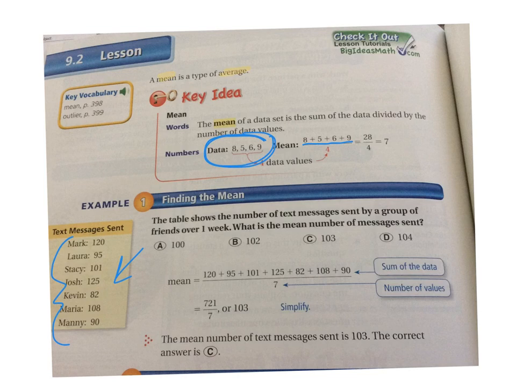And we divide by 7 because there are 7 people in this group, or 7 data points in the set. So our sum was 721. Divide by 7 and we got 103. So the mean number of text messages sent is 103.